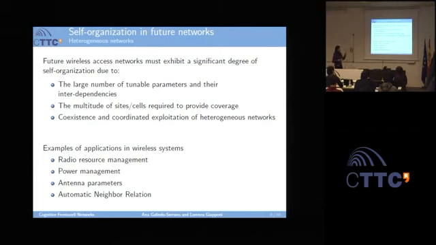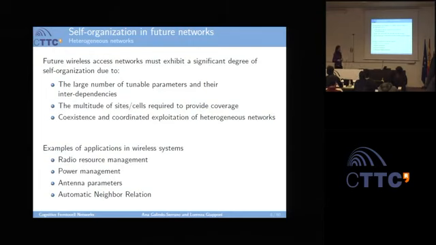And here self-organization can give good solutions in terms of the coexistence and coordination between these multiple cells.